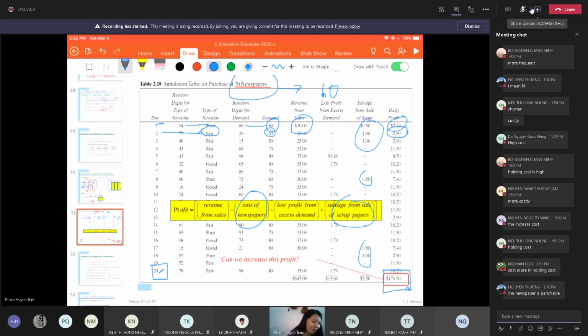So this is another example of how we simulate a random event, like demand, in an inventory system and come up with a better inventory policy. Is there any questions so far?